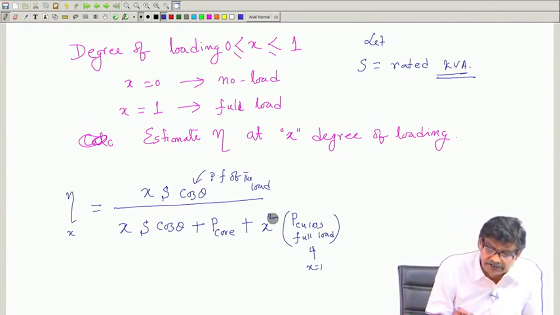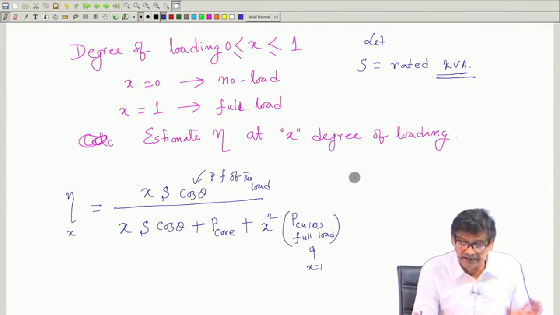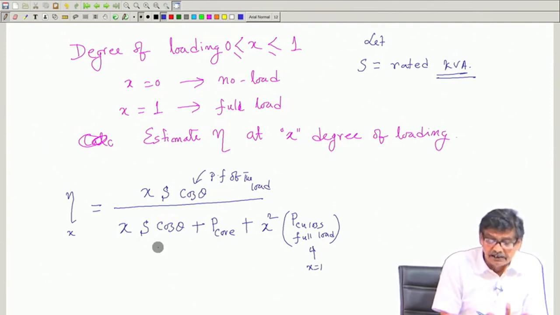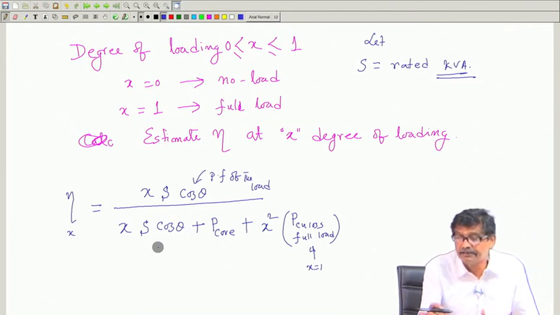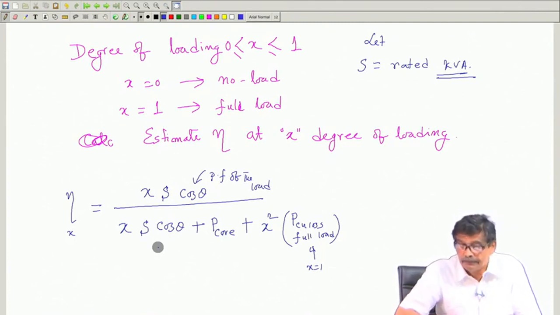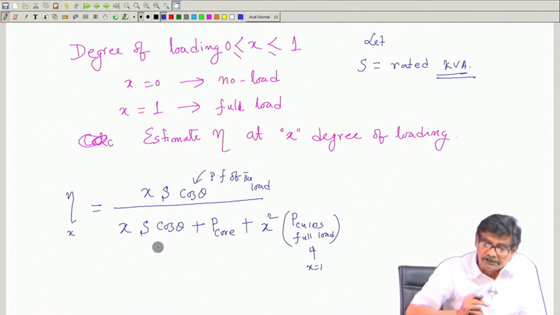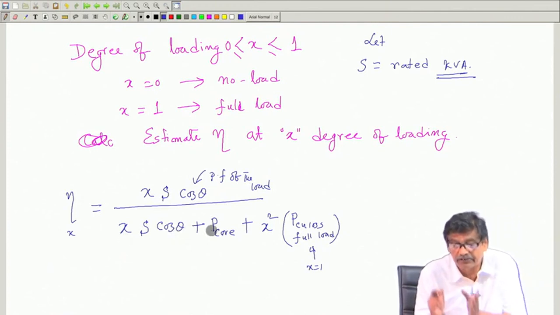So, please try to assimilate this expression very clearly. x is the degree of loading, cos theta is the power factor of the load, and the efficiency of the transformer at x degree of loading should be written as x S cos theta over the total. What is S? The rated kVA of the transformer. So, output kilowatt is how much? The rated kVA it is delivering at a power factor of cos theta, into cos theta. So, output divided by output plus loss has two parts.